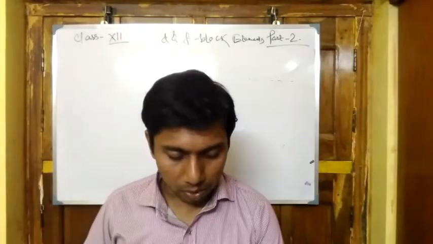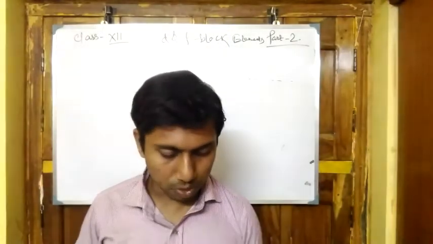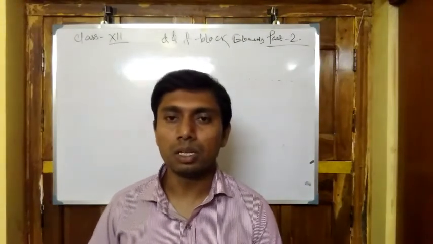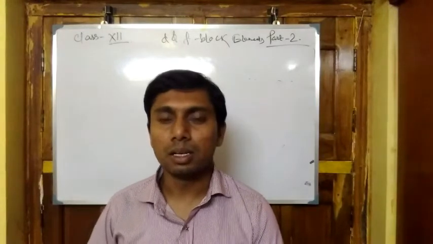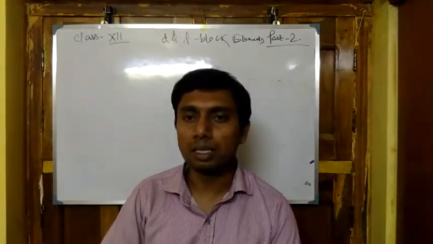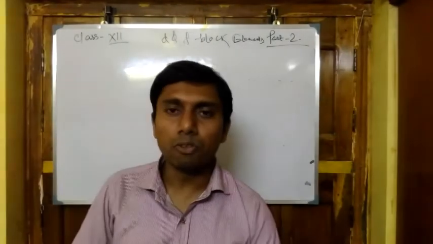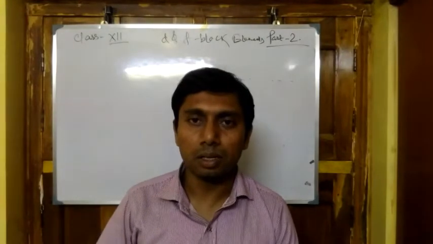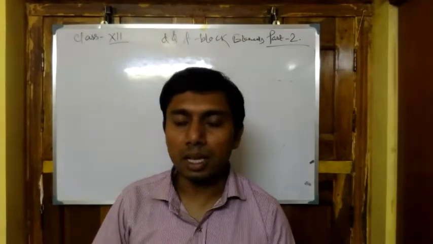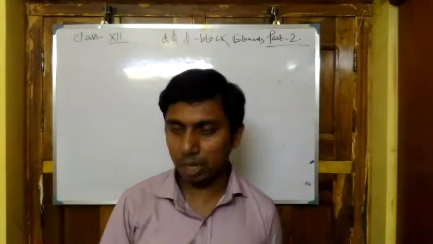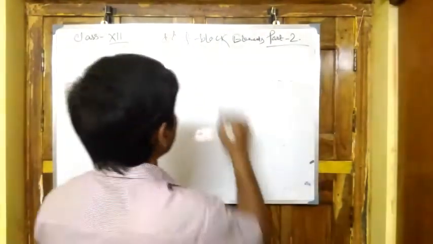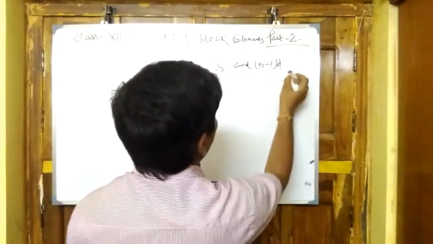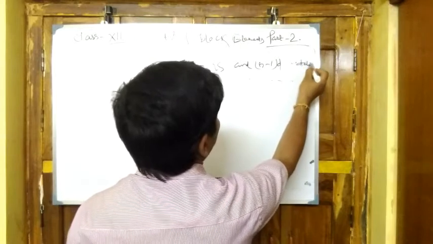Today I will discuss the reason behind the variable oxidation state of the transition elements. So what is the reason behind this? Transition elements involve the ns and n minus 1 d orbitals at the same time. Carefully remember that the ns and n minus 1 d orbitals are involved in bond formation and in hybridization.